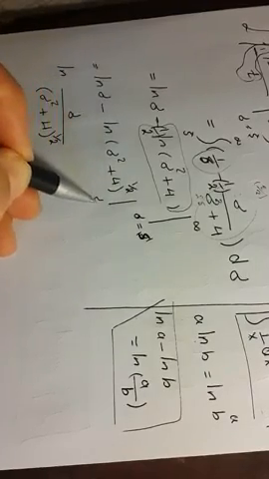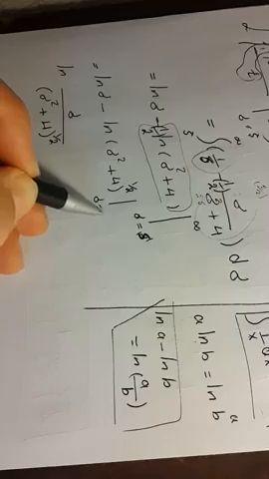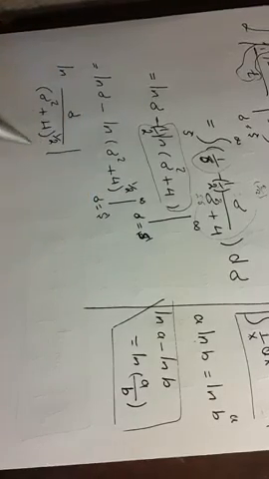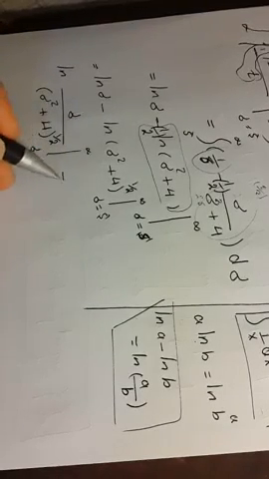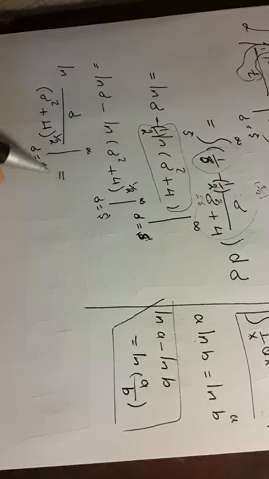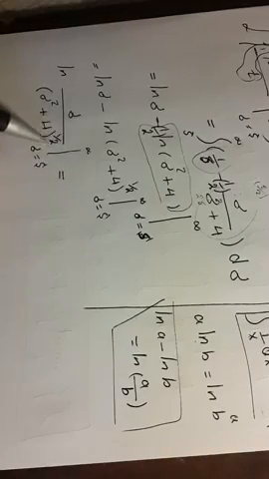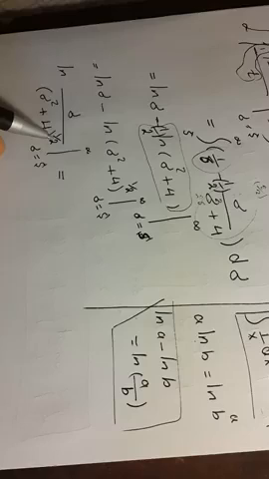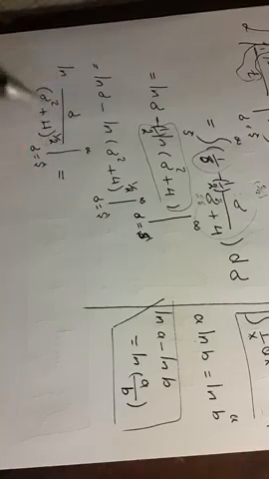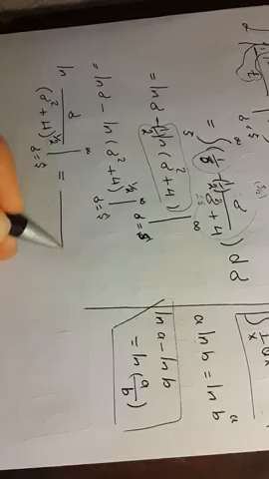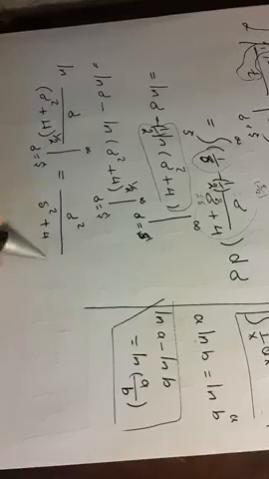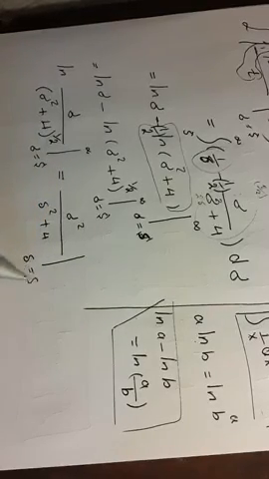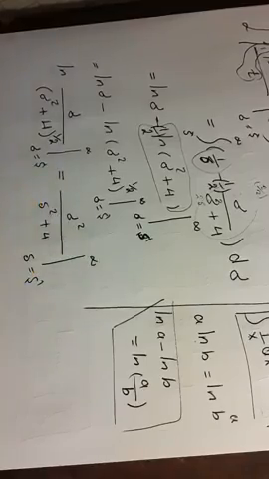Don't forget the limits of the integral. To get rid of the power in the denominator, we can square the whole expression, which gives sigma square over sigma square plus 4, from sigma equal to s to infinity.